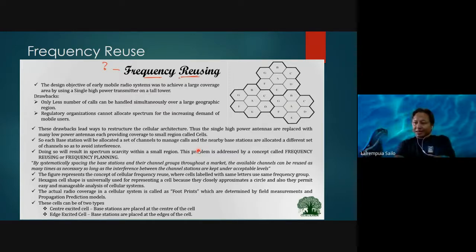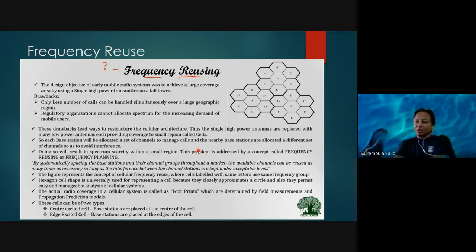Hexagonal cell shape is universally used for representing a cell because it closely approximates a circle, and also permits easy and manageable analysis of the cellular system. The actual radio coverage in a cellular system is called the footprint, which is determined by field measurement and propagation prediction models.